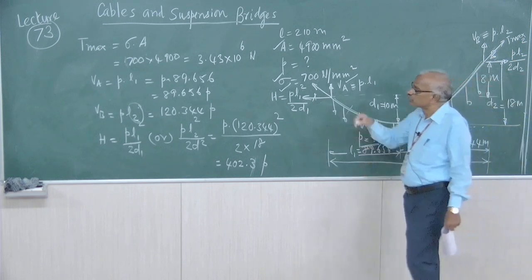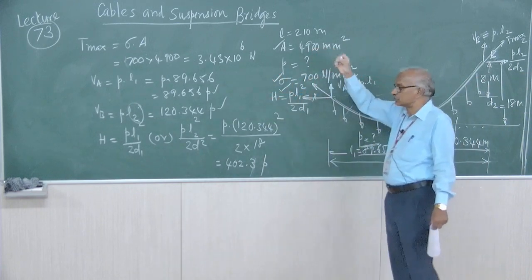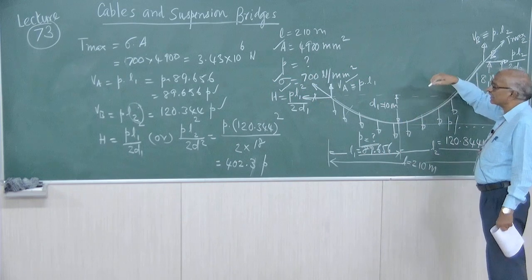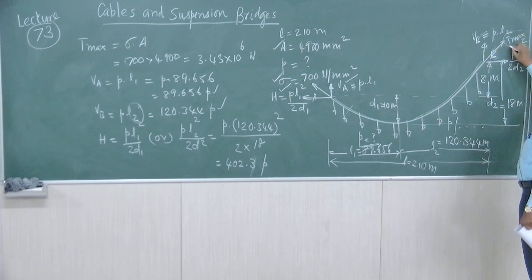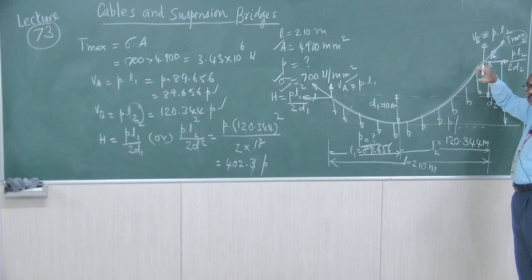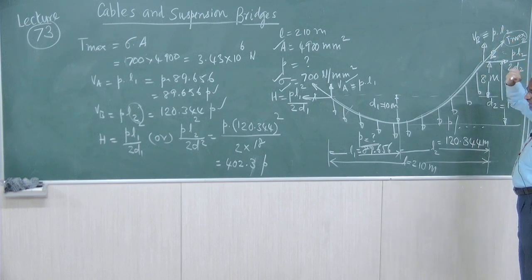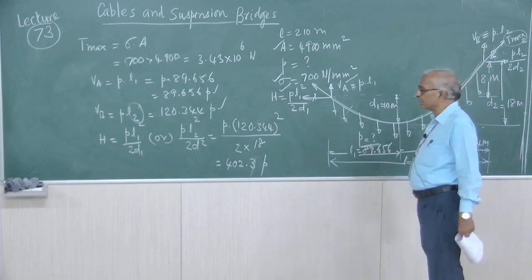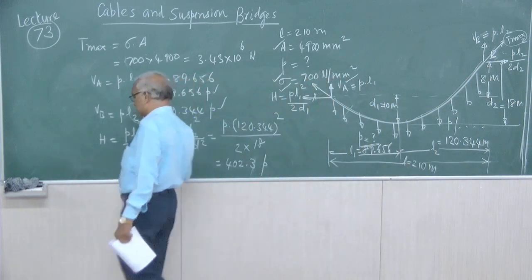Therefore, of these two values, VB is more, so this tension will be maximum. Support B is at a higher level. Therefore T max at B will be more, and we are concentrating on B. Otherwise, H will be the same. So that is about the value of the horizontal tension.